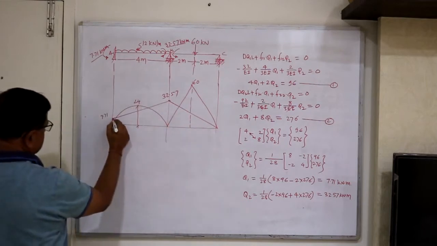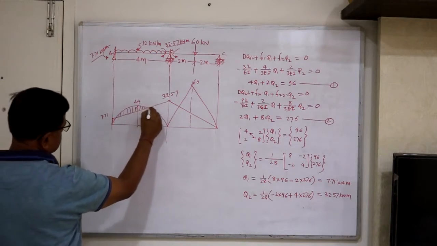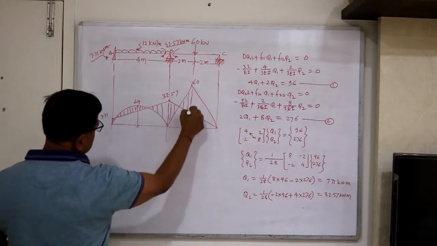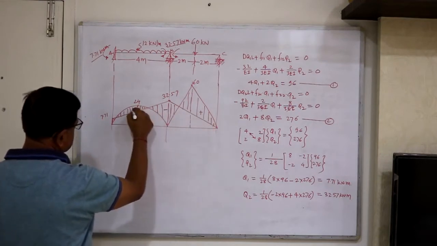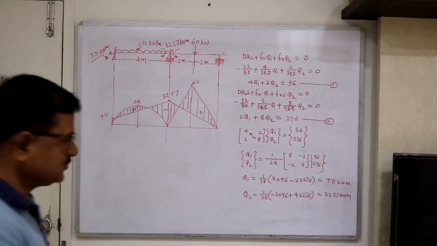So this is the BMD. If you want to construct the SFD, then you find out reactions by using equilibrium conditions and then you construct the SFD also.